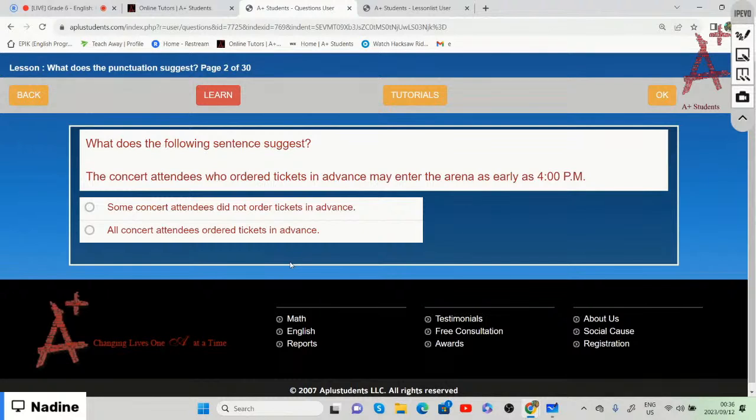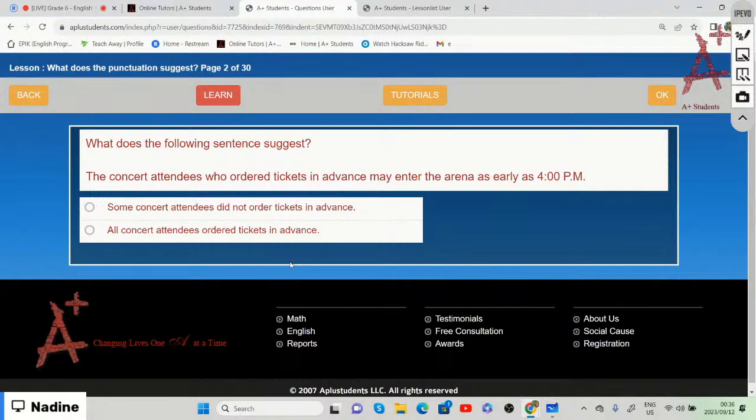Does it suggest that some concert attendees did not order tickets in advance, or all concert attendees ordered tickets in advance? It says the concert attendees who ordered tickets in advance may enter the arena as early as 4 p.m.